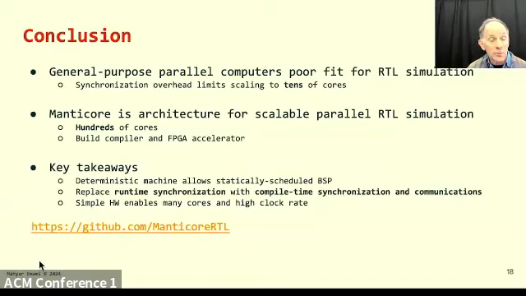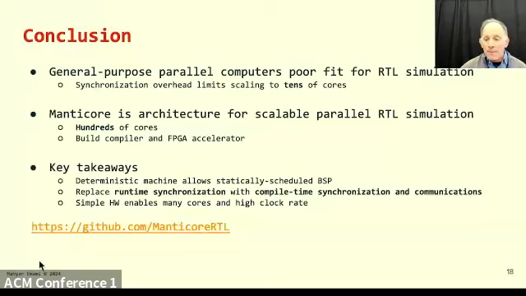Okay, very good work. Jibin from the Chinese Academy of Sciences. I noticed that you consider barrier synchronization. Do you consider other kinds of synchronizations? We didn't. If you look at other work, in particular the simulator that most people use, Verilator, it uses a variety of different types of synchronization.